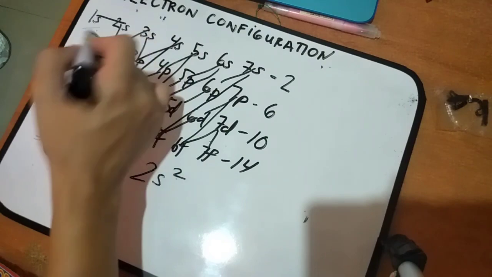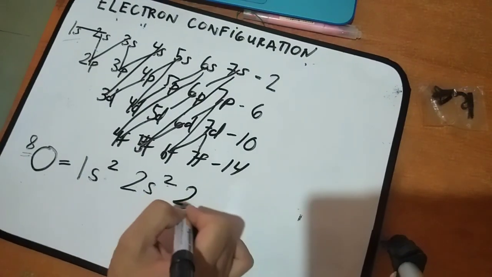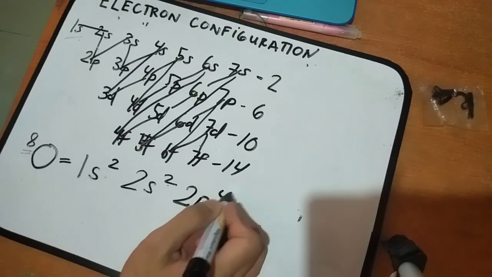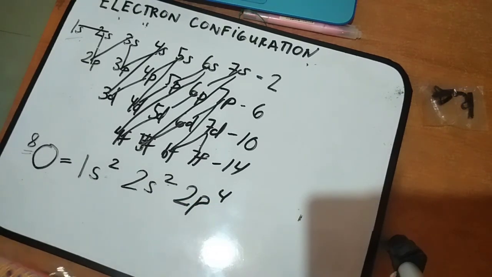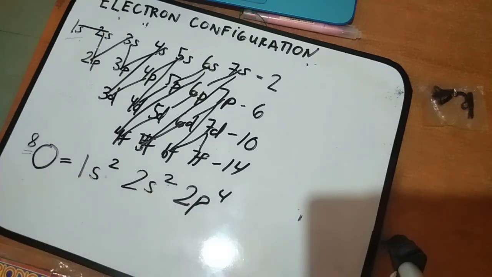So, the next subshell that we will go to is 2p4. So, we already have 8 electrons equals 8. Okay? So, ayan yung electron configuration ng oxygen. So, 1s2, 2s2, 2p4.